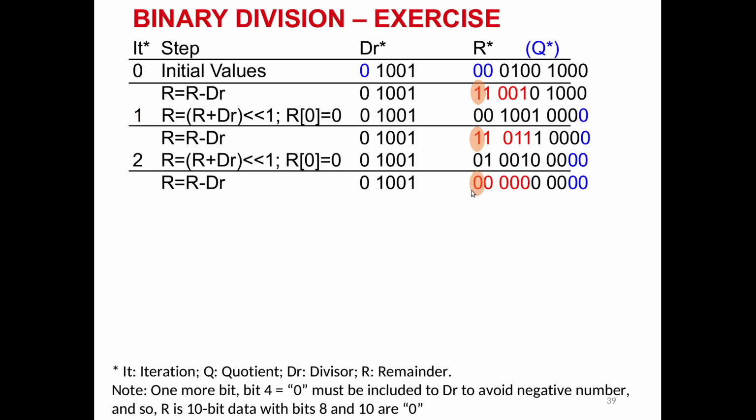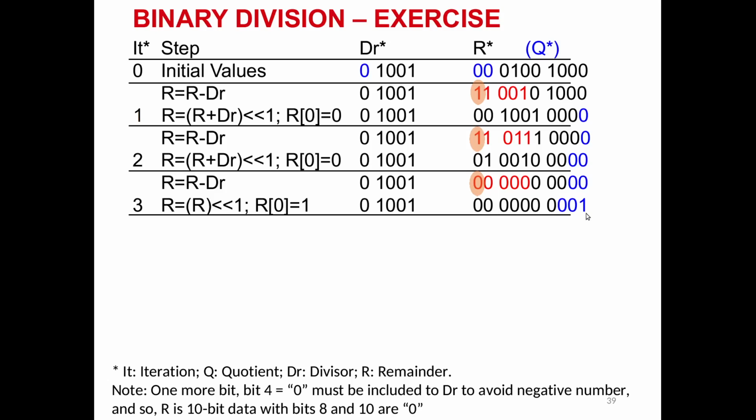This bit is 0, and so we don't need to restore R. Instead we just shift it 1 bit to the left together with pushing a bit of 1 to the right of R as the result of Q at this time, making the value of Q 0 0 1, and the full value of R here will be 0 0 0 0 0 0 0 0 0 1.